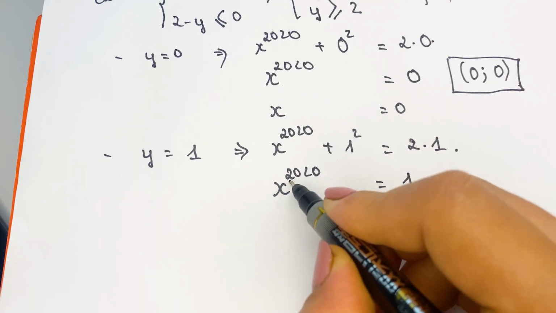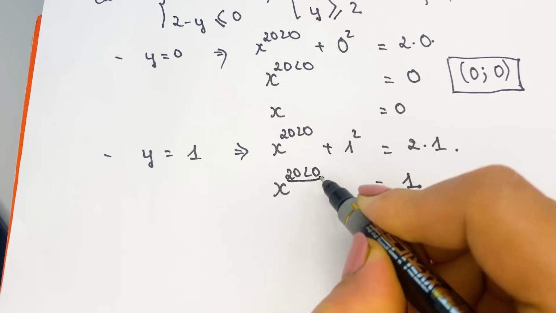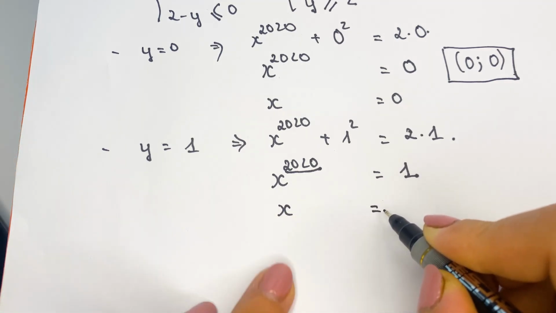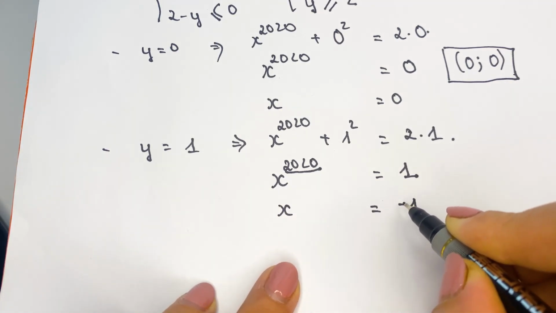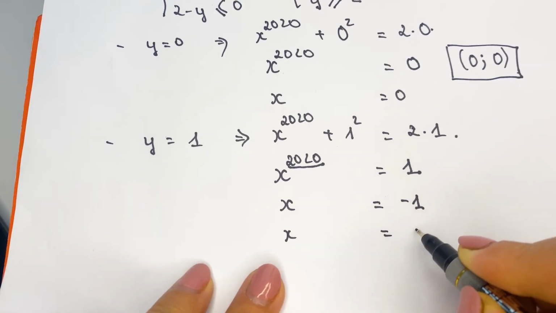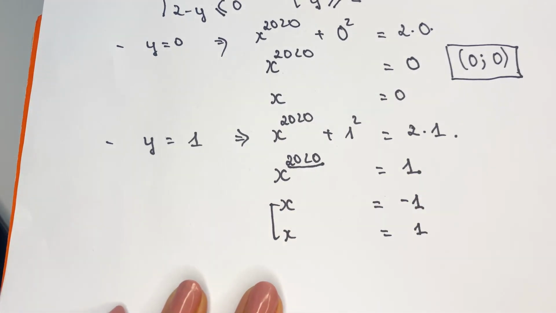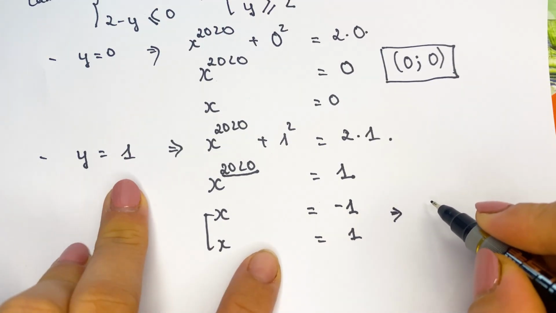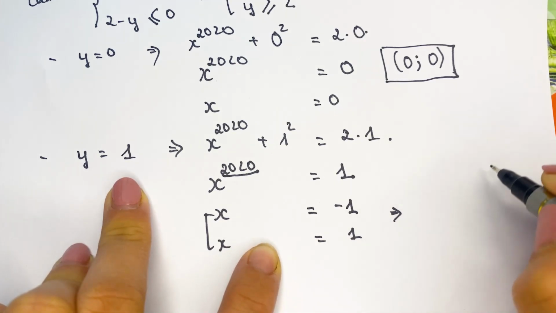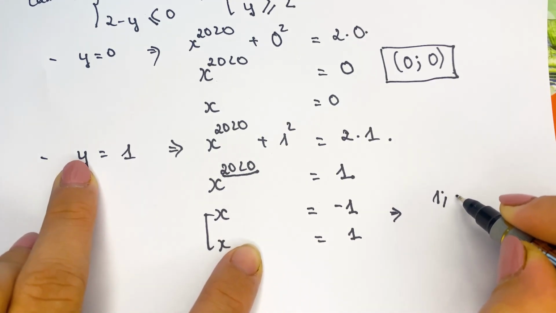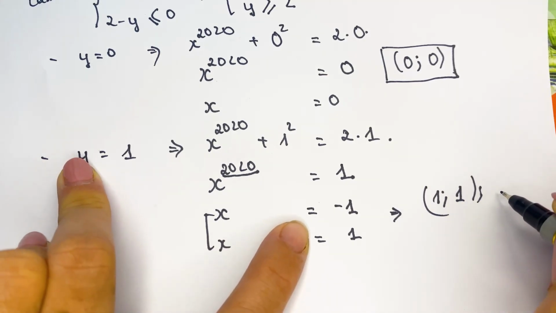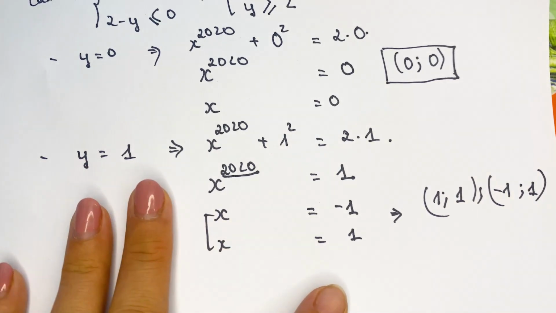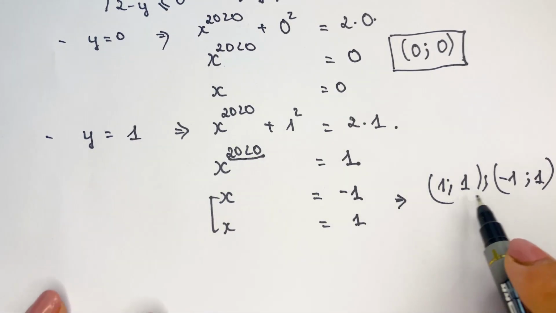Yes, because the power of x here is even, therefore x has two values: x equals 1 and x equals minus 1, right? So we have two pairs of x and y. Firstly, when x equals 1, y equals 1. And when x equals minus 1, y also equals 1. Yeah? So we have two more solutions.